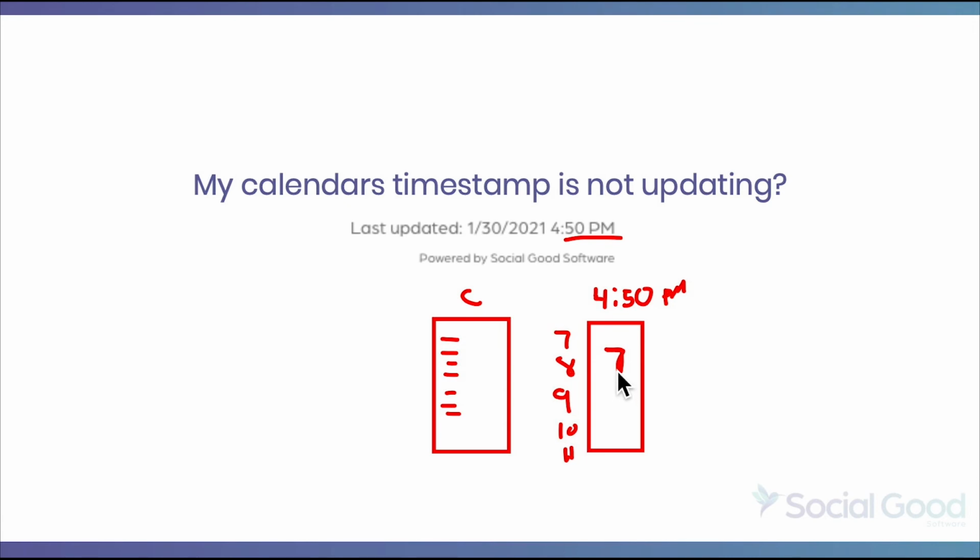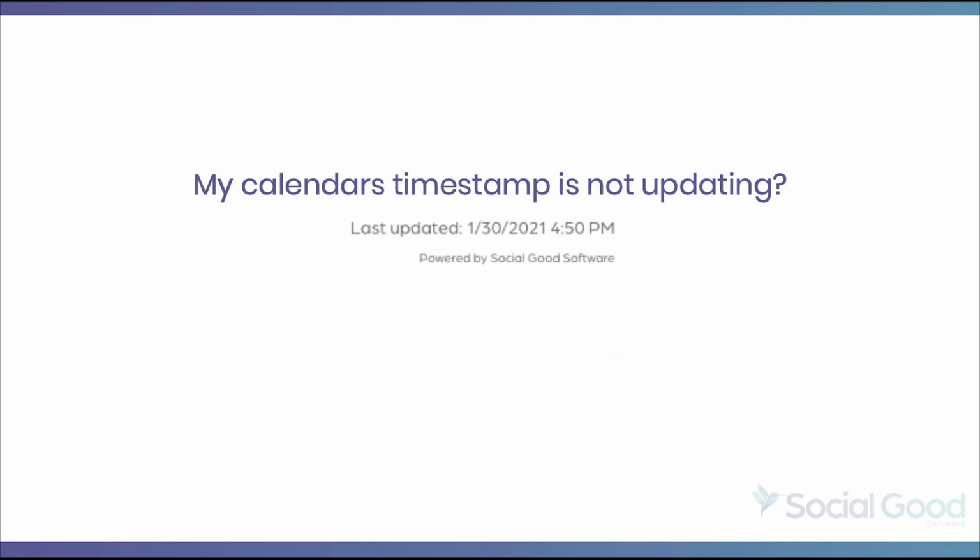The moment it goes from 7 to 8 rows, for example, the timestamp gets updated to a different timestamp. Don't worry so much if you see something here that hasn't updated in the last hour or in the last 3 hours. This simply means that there is no new data to update the calendar with. Okay? So let's move on to the next part.